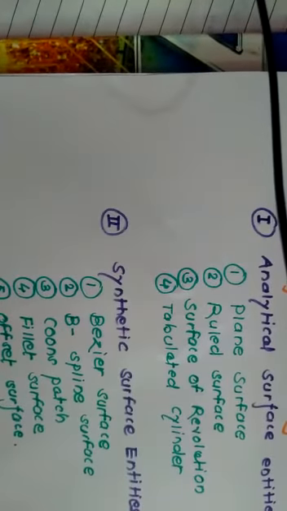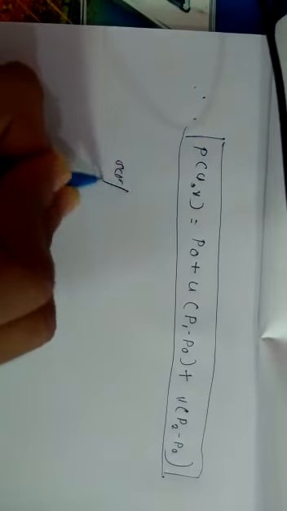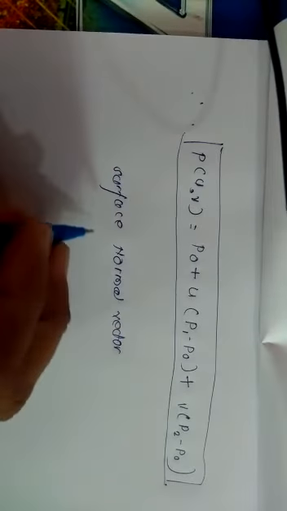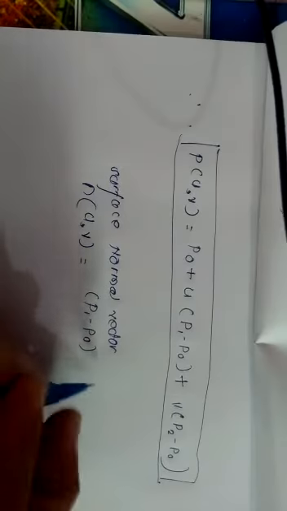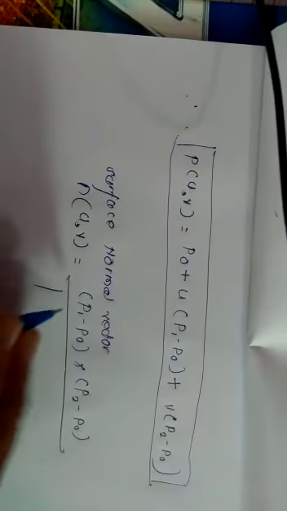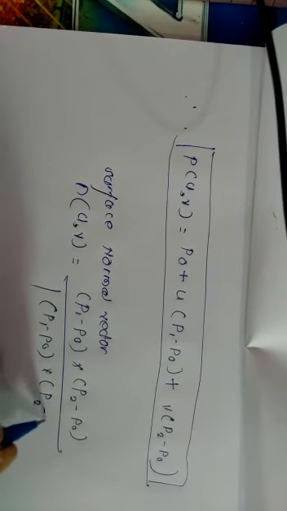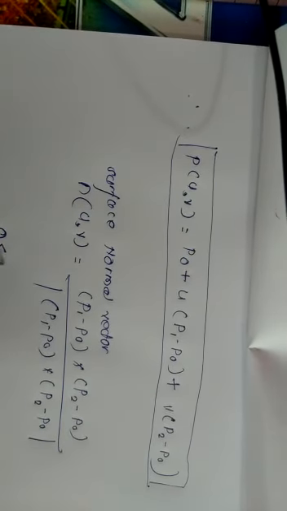Okay, so the normal vector n for the point P can be found by using the surface normal vector formula: n(u,v) is equal to (P1 minus P0) cross (P2 minus P0), divided by the magnitude of (P1 minus P0) cross (P2 minus P0), and u and v are between 0 and 1.